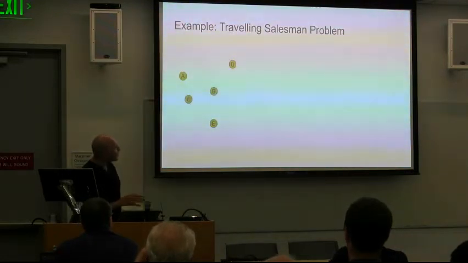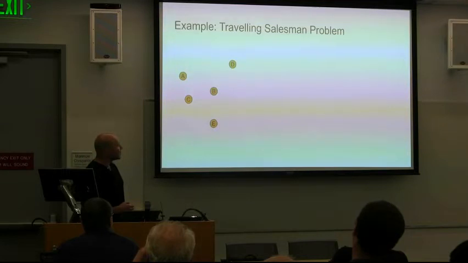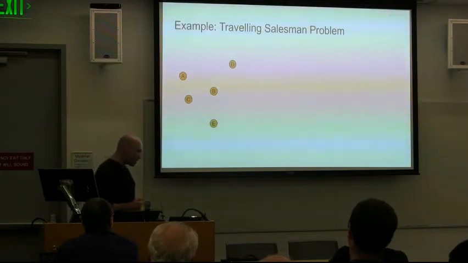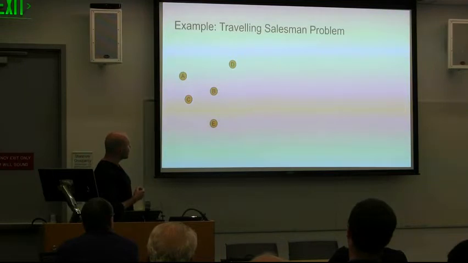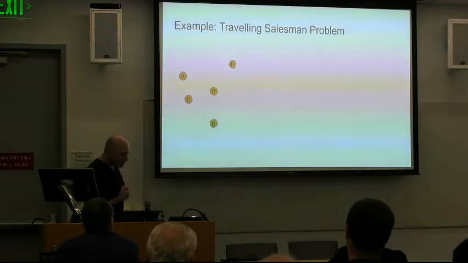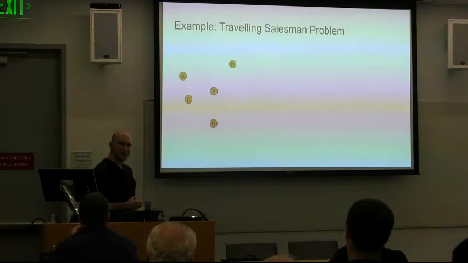So let's start with a very simple example. The traveling salesman problem. The problem is, given a set of cities, try to find a route which visits every city exactly once and goes back to the original city. And we want to find a route that has the smallest total length.